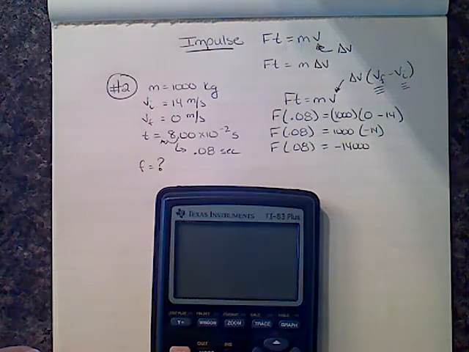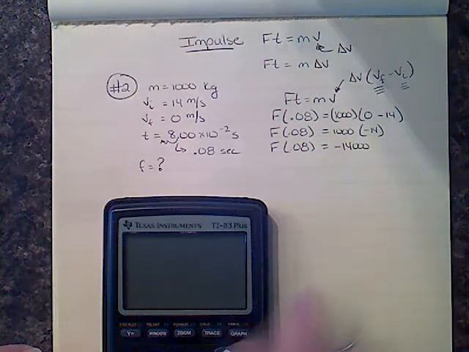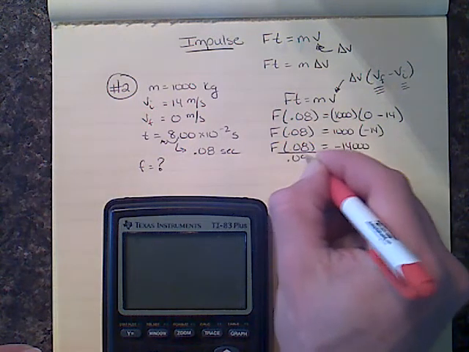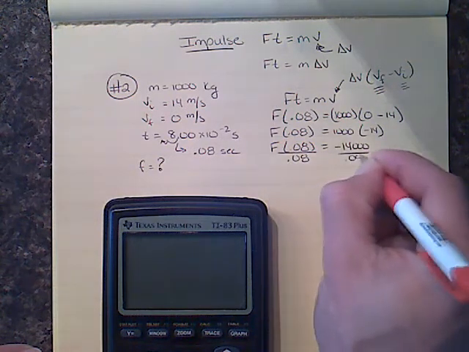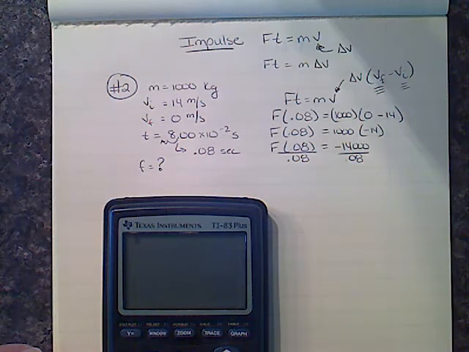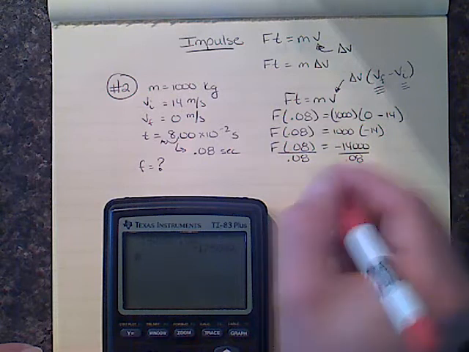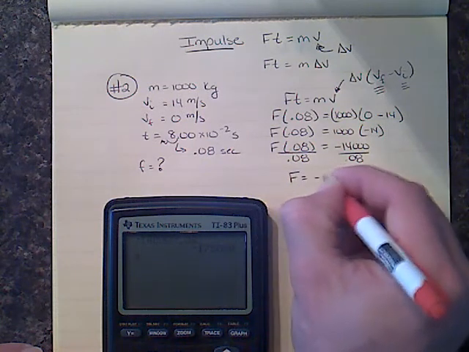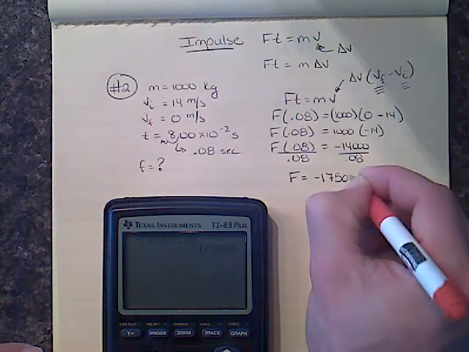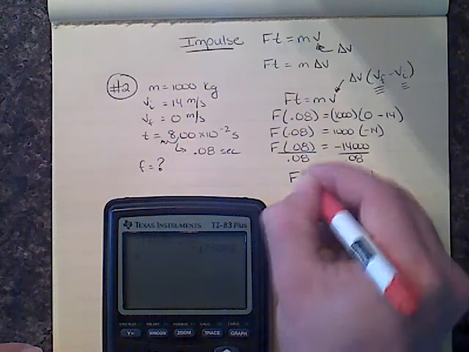Take our handy dandy calculator here, and we will next divide 0.08 on both sides. So we get negative 14,000 divided by 0.08, negative 175,000. F equals negative 175,000, and don't forget your units.